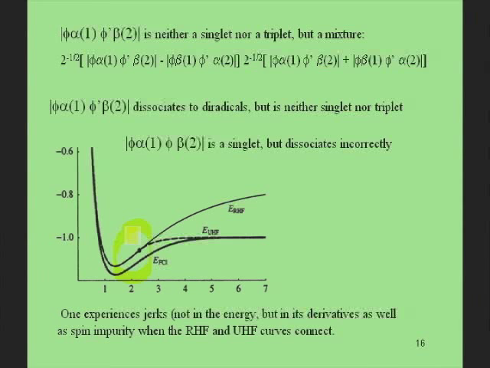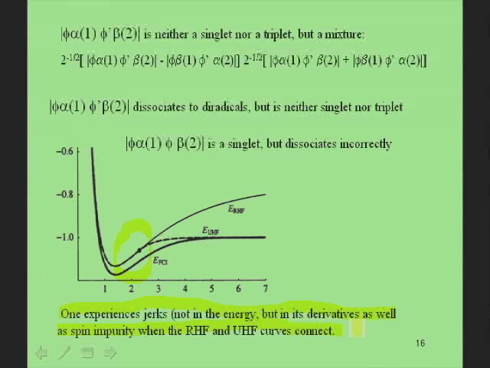So the energy doesn't change, but the slope does change. Right here, the gradient of the energy with respect to bond length will be something, and then all of a sudden there'll be a discontinuity in it. And that's really bad if you're doing molecular dynamics calculations, because the slope of the energy, dE over d geometry, is a force. And if you have jerks in your forces, that gives rise to bad behavior.